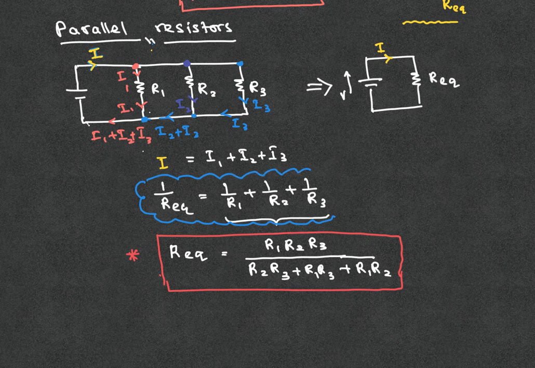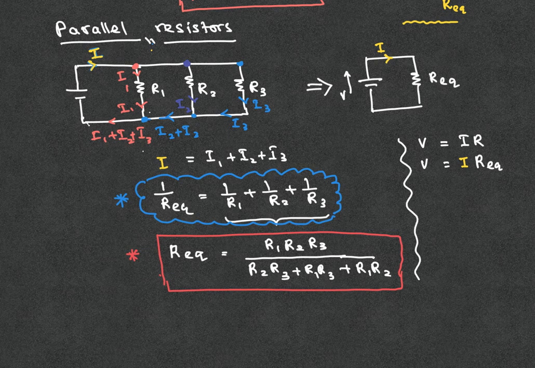Now when you have more resistors, the reciprocals add up. So this is the form that you need to remember or understand. And then the same Ohm's law equation comes in, and we can use V equals IR, that is the Ohm's law. Then V equals the main circuit current I times the resistor we are using, R equivalent.